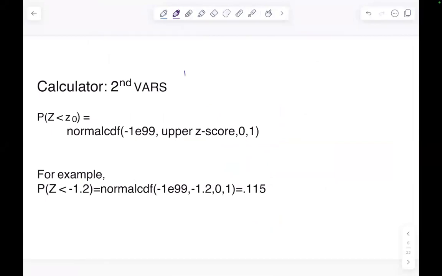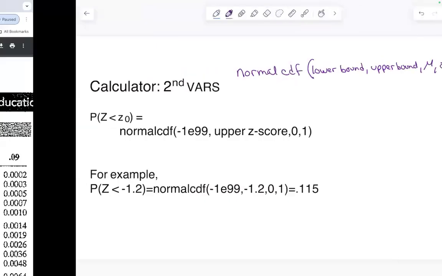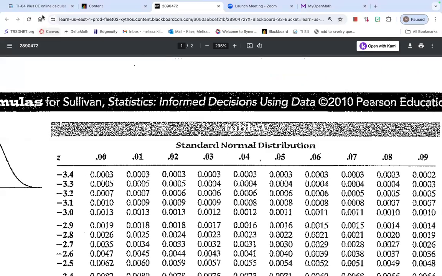The normal CDF function takes the lower bound, then the upper bound, then the mean, and then the standard deviation. Remember though, if we're using z-scores, our mean is 0 and our standard deviation is 1. First I'm going to use the example for the 1.33. So let's go over to my calculator.